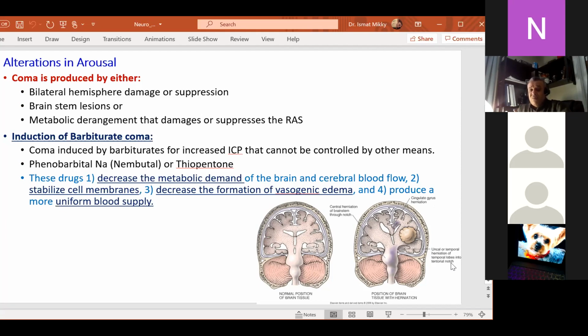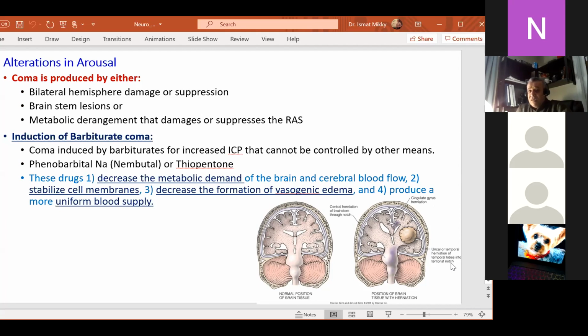The patient will be intubated on mechanical ventilation and monitored with the EEG, electroencephalogram, in addition to ICP monitoring. That's the picture of a patient in the ICU under induced coma. We give the drug for four main reasons. Why would you induce the coma?